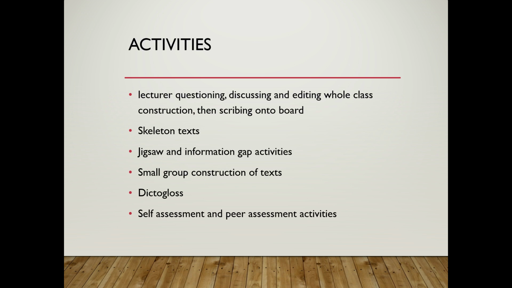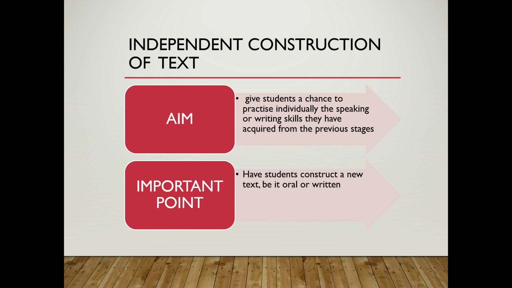The activities will be lecturer questioning, discussing, and editing whole class construction, then scribing onto the board. Then there is a skeleton of the text, jigsaw and information gap activities, small group construction of the text, dictogloss, and self-assessment and peer assessment activities.